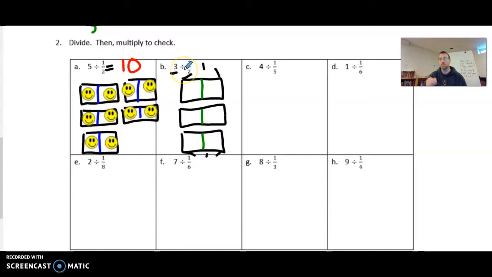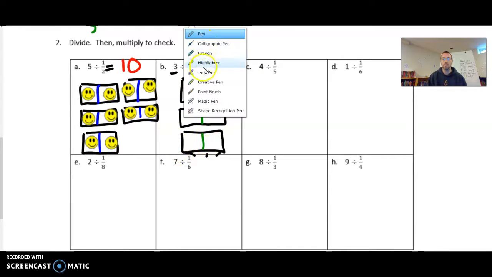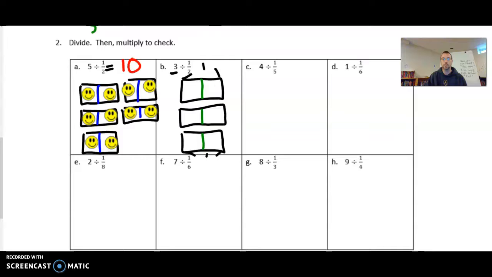Remember, division, we're thinking smaller pieces. How many students are going to share these 3 candy bars? Well, there's 1 genius, 2, 3, 4, 5, 6 geniuses are going to get candy. So 3 divided by 1/2 is going to give you 6.